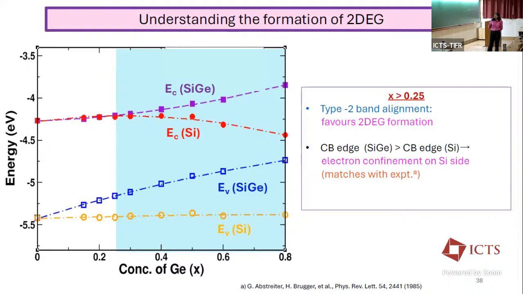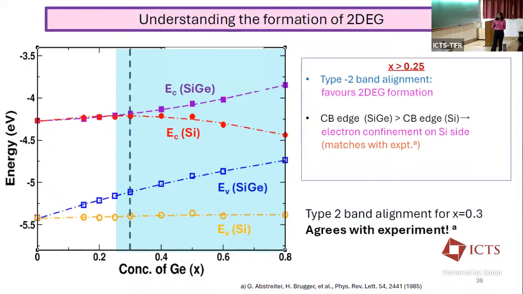So this type of band alignment is type 2 band alignment. So it will favor the formation of 2D electron gas, and since the conduction band edge of silicon is lower than that of silicon germanium, the electrons will be confined on the silicon side. And this also matches with the experiment.